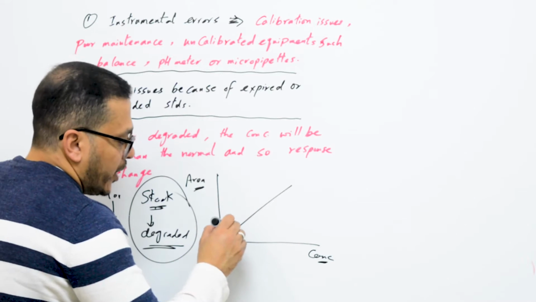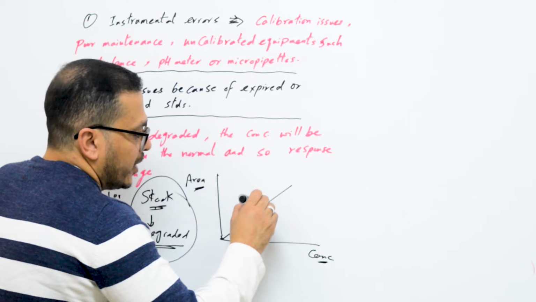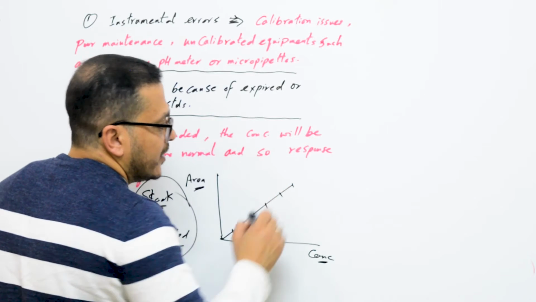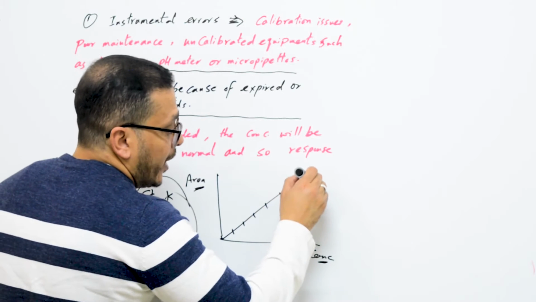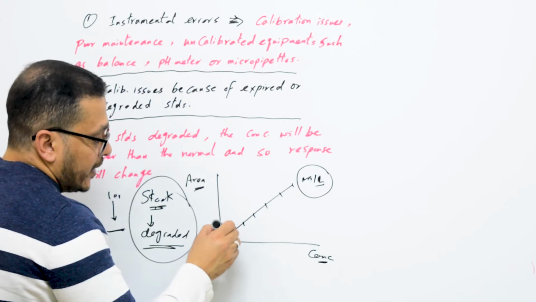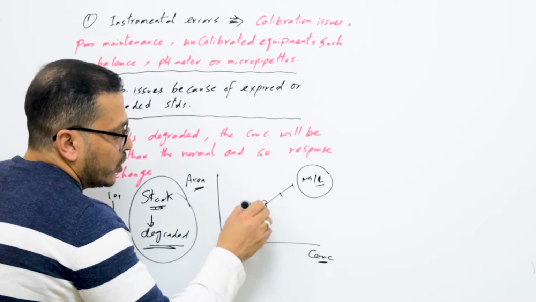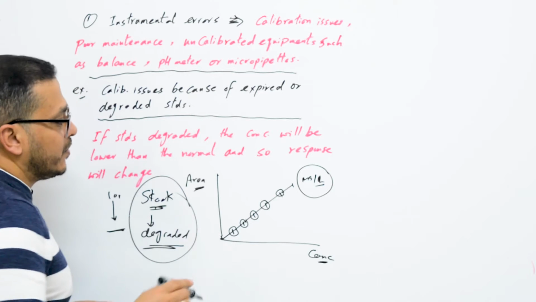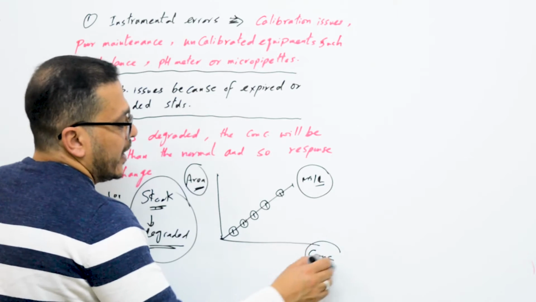You have a relation between area and concentration of the standards. If you prepare, as an example, 1, 5, 10, 25, 50, 100 microgram per liter or ppb, and you get a very good calibration curve and the slope is accepted, everything within acceptance criteria.